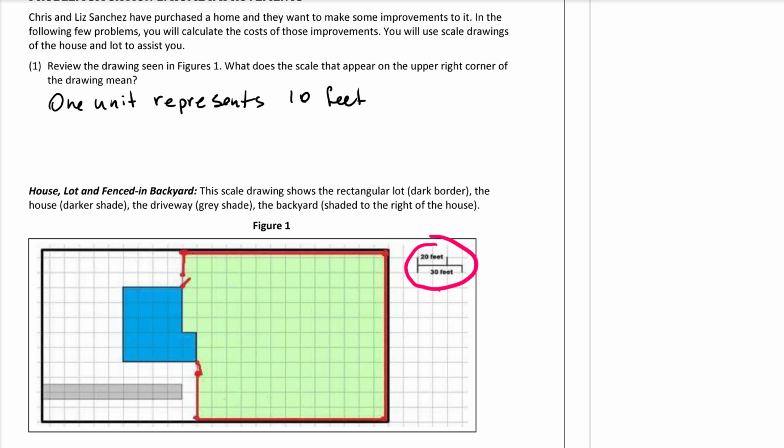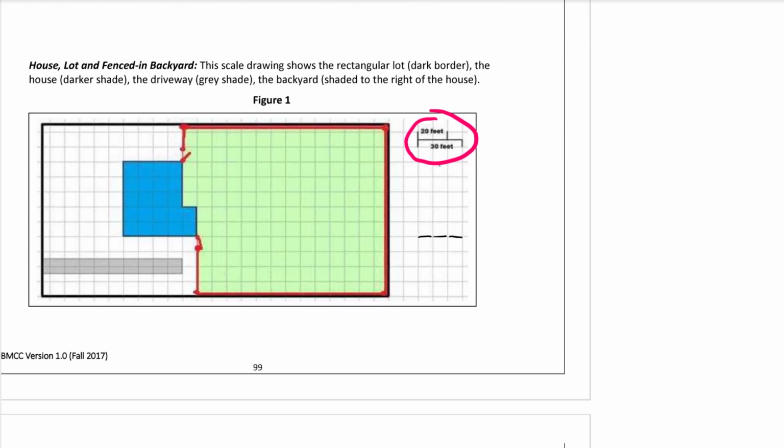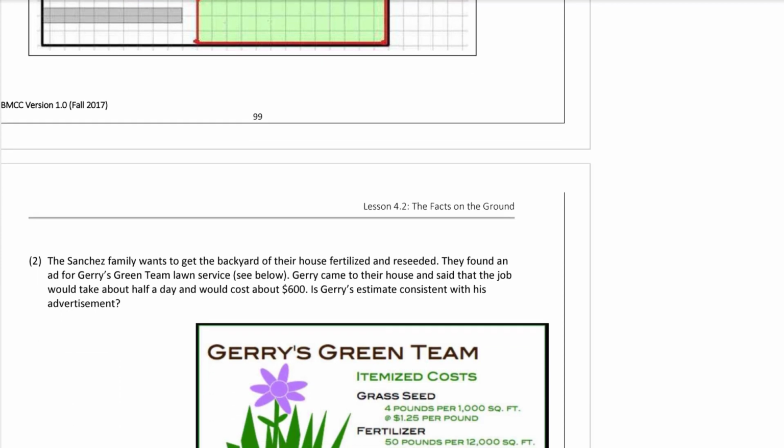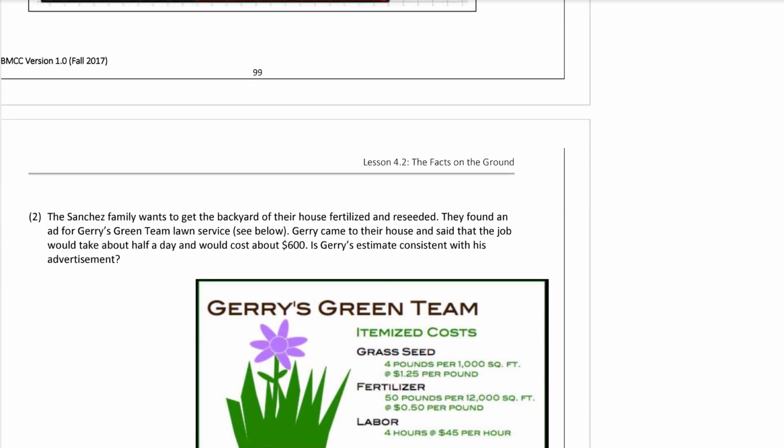So each of the units right here, each square represents 10 by 10 feet dimensions. So each of those divisions is 10. Okay, keep that in mind. And now let me keep on the screen the actual drawing, and I'll come back to the drawing, but let's first read question number 2 and see what we need to calculate now.